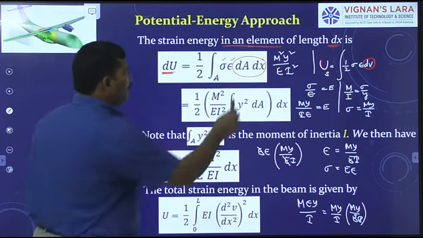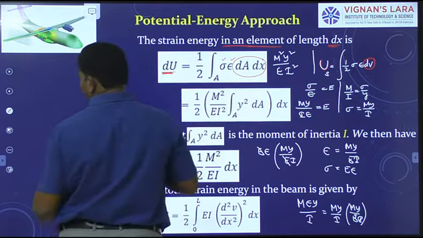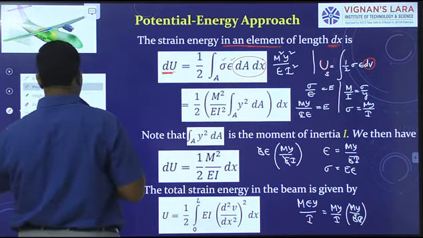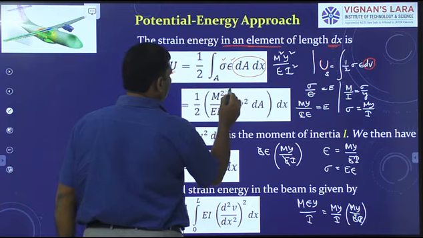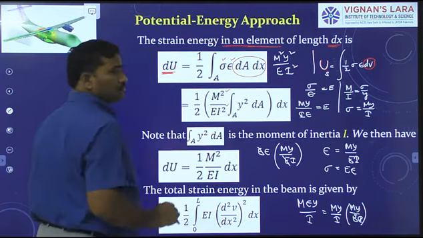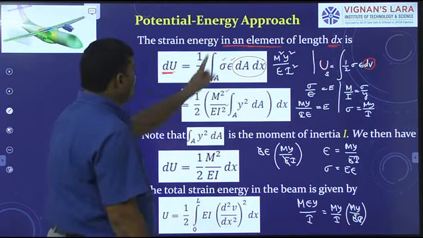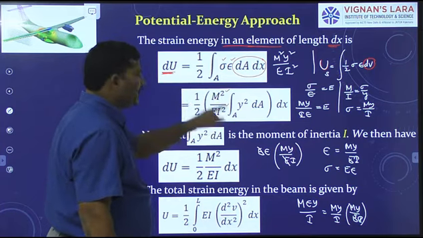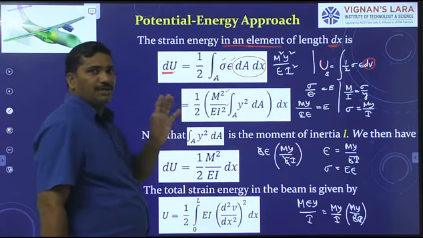Now M square by EI square I have here, and it comes out of the integral over the area of the infinitesimal element.